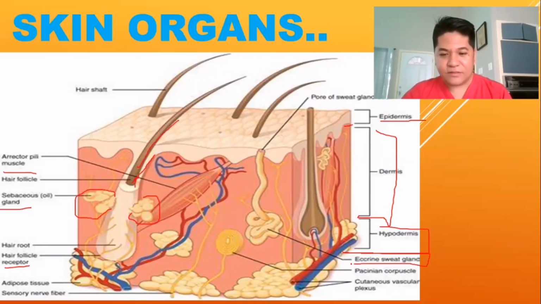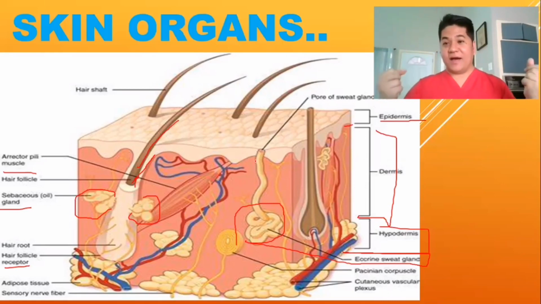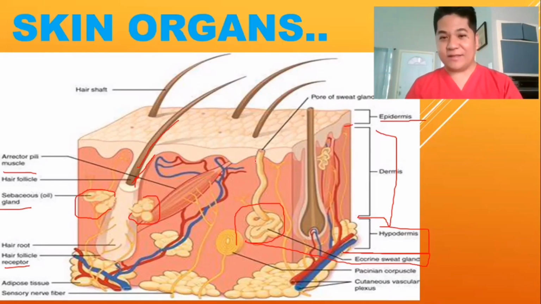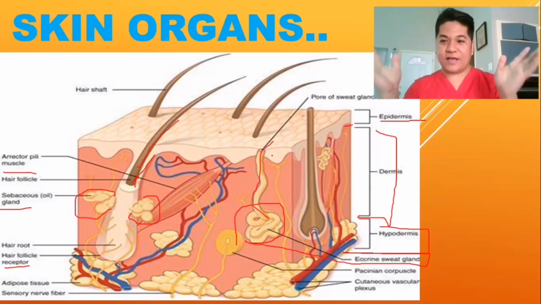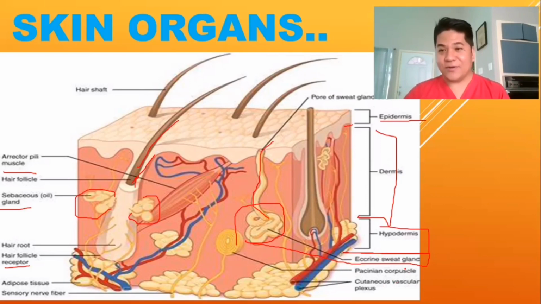Why do we need to sweat? Sweating is a form of homeostasis. When we feel too much heat, it will evaporate or produce sweat on our skin, like a water splash when you're doing a lot of exercise. It will produce sweat to conserve energy or temperature in the body. That's the function of your exocrine sweat glands.